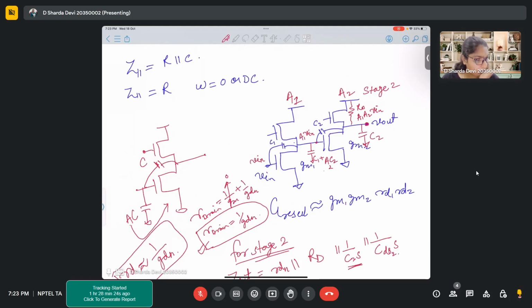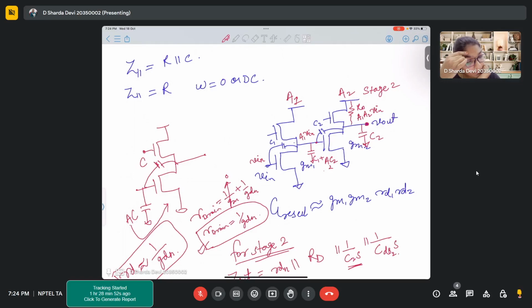Yes, gm1 will definitely not come. Typically, output impedance, ma'am, we are referring to the output node only, not the input side.